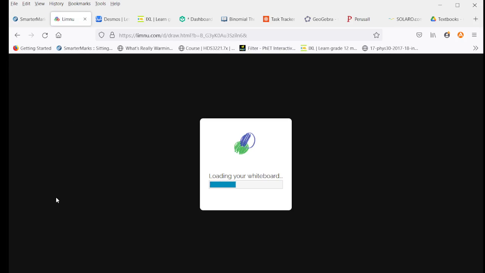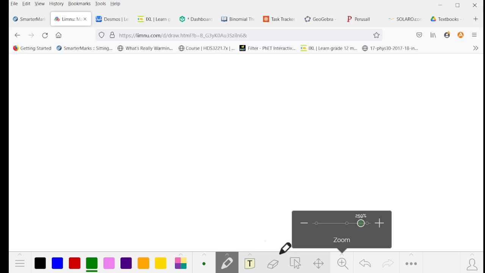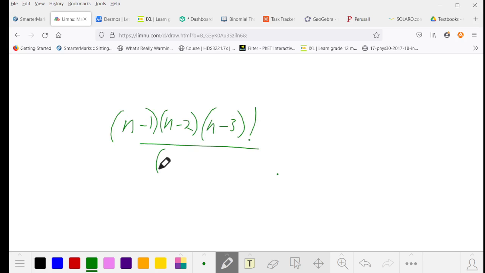So we can start by expanding our numerator, to make n minus 1 times n minus 2 times n minus 3 factorial. Those cancel.